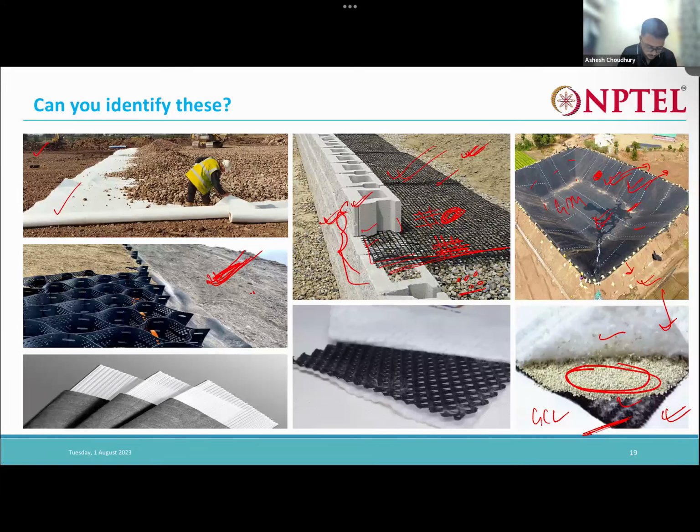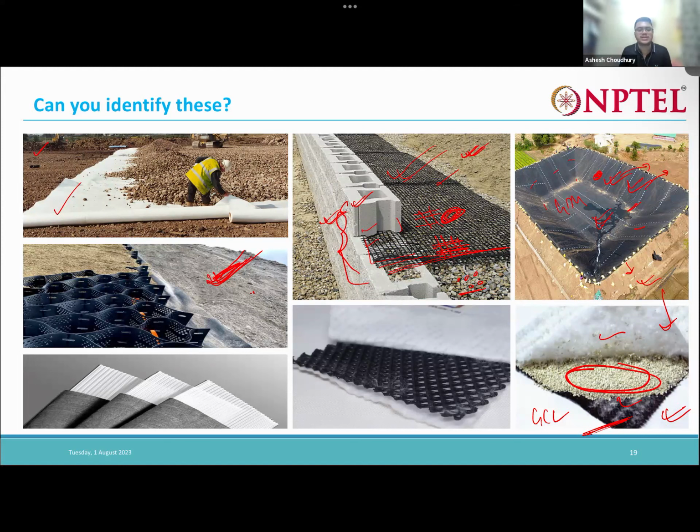We place a layer of geocell and fill it with soil, and it gives great strength because of the confining effect of the geocell membrane. The soil does not settle, and it strengthens the soil, right?